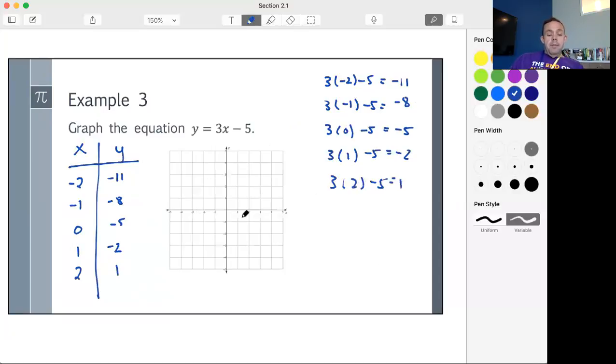And now I go plot it. Now we have a slight problem in that my axes only go out to 5. So these two are just bigger than the graph. That's okay. So I'm actually going to start graphing here. So I have 0, -5, I plot the point. 1, -2, I plot the point. And 2, 1, I plot the point. 3 points are the minimum that we need, and I just connect the dots and draw the line. And there you go.